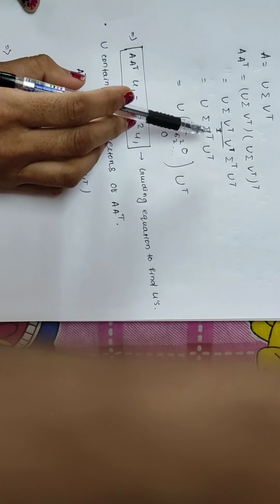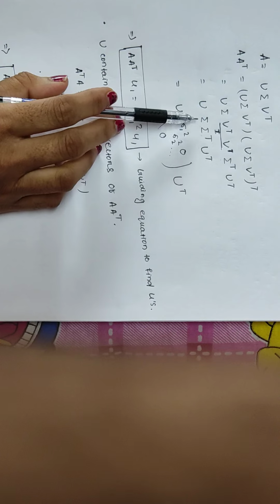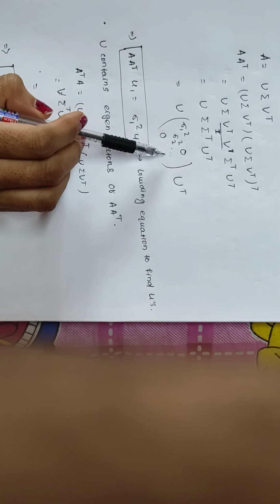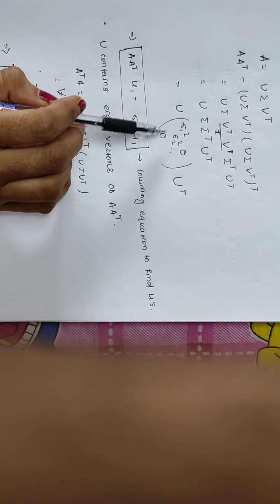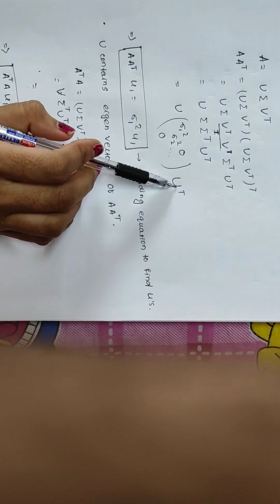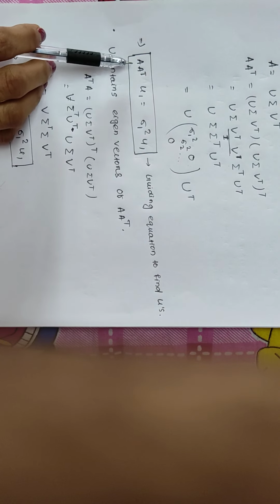Now sigma sigma transpose is going to be sigma squared. As sigma is a diagonal matrix, we can write sigma sigma transpose as sigma 1 squared, sigma 2 squared up to sigma R squared along the diagonal, and all other components are 0, and U transpose remains as it is.